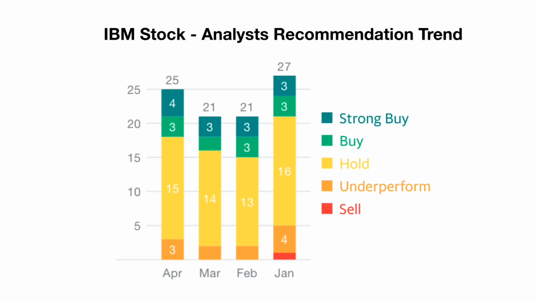In this market, this is what analysts are saying on IBM: strong buy 4, buy 3, about 15 are saying hold, underperform 3. And if you average their prices, you will get that target price. So based on this, we can see that this could be a stock which is from hold to buy.